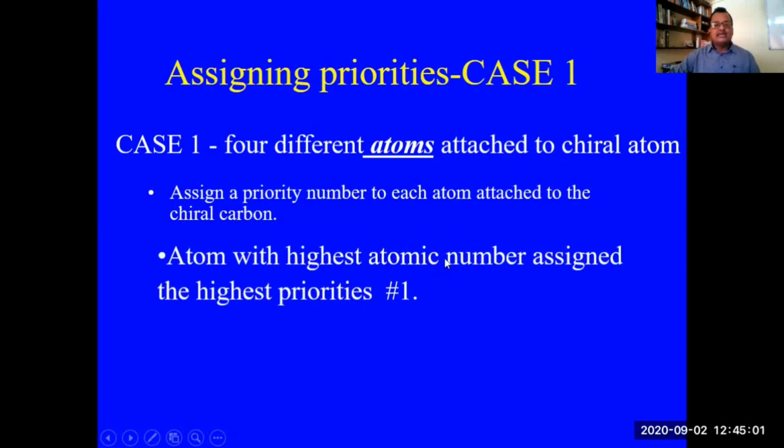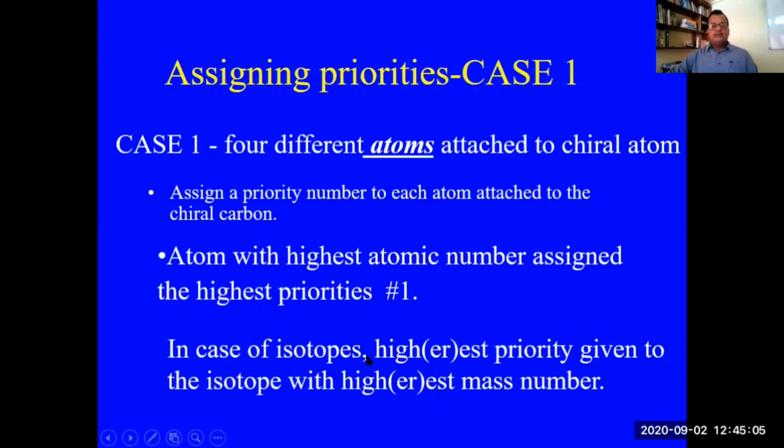The atom with the highest atomic number is assigned the highest priority. In case of isotopes, which have the same atomic number, you assign priority on the basis of atomic weight. First, you assign priority on the basis of atomic number.